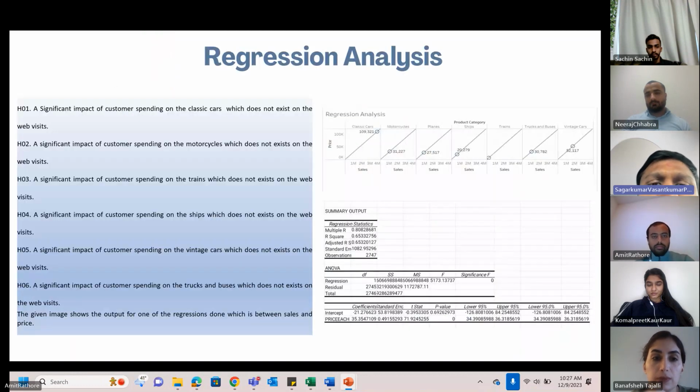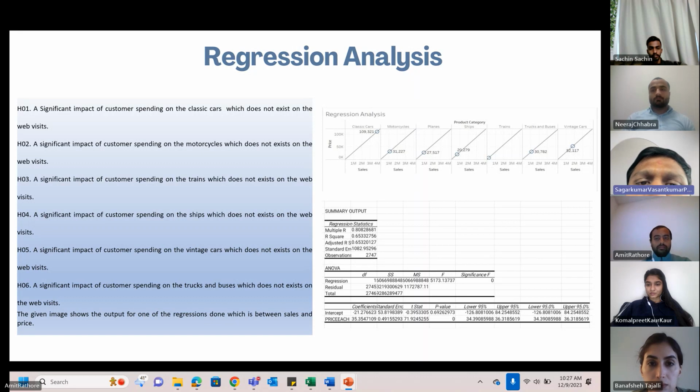Regression analysis. Here in the regression analysis, we use the ANOVA method and the coefficient standard error method. In the graph of the regression analysis, we can see the prediction of the total price of each particular transportation system, from classic cars to vintage cars.